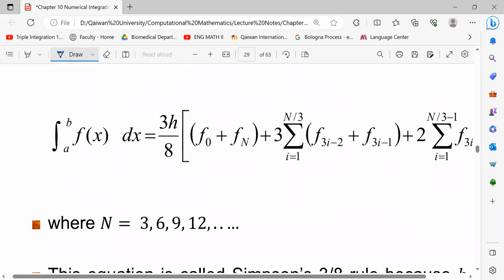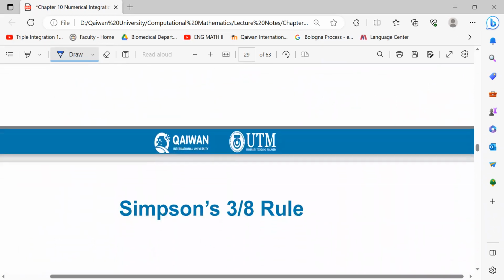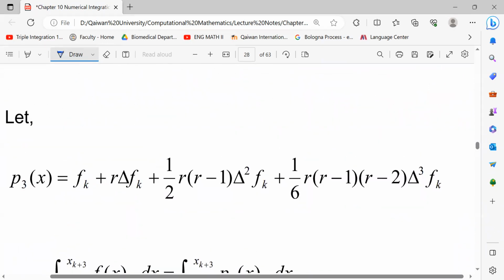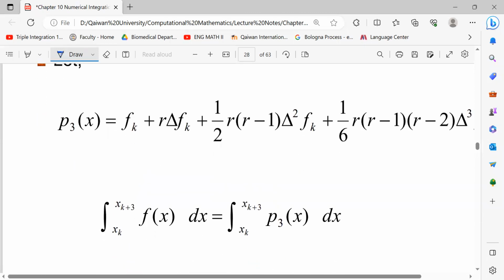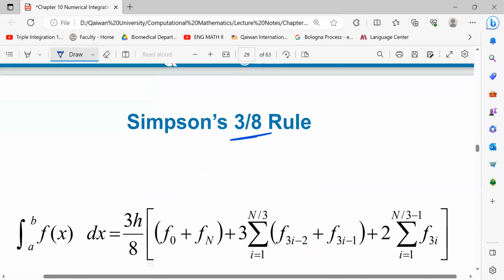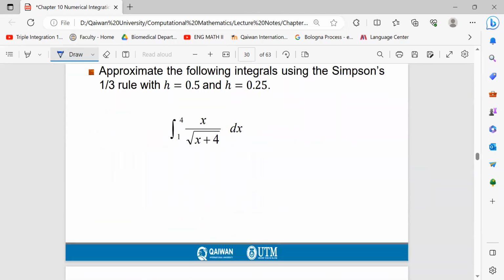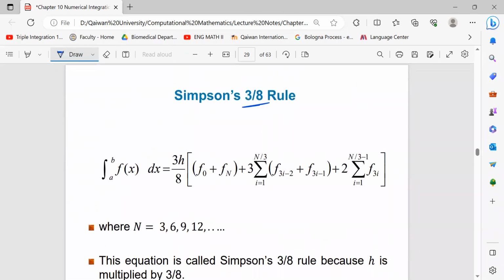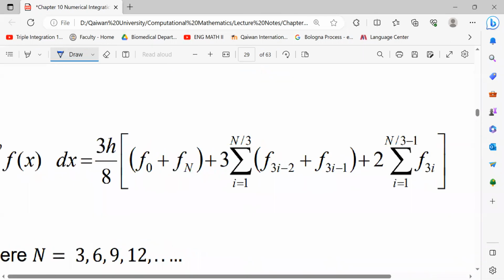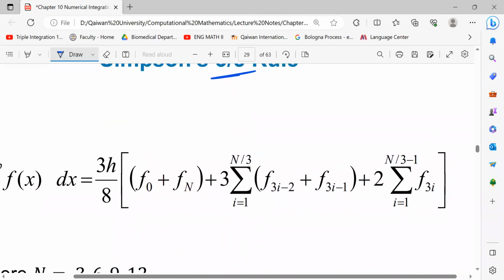And then for Simpson's 3/8, the above one was Simpson 1/3. For Simpson 3/8, this is the rule: 3h/8 times f0 plus fn, 3 times these, and 2 times all the 3 multipliers.